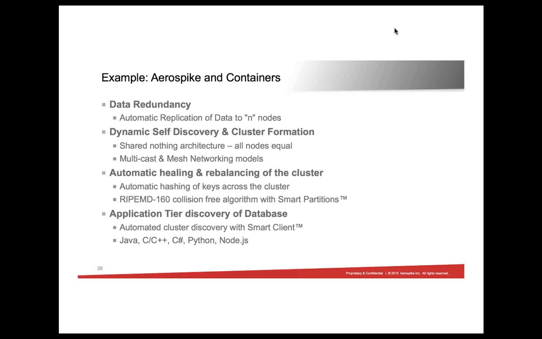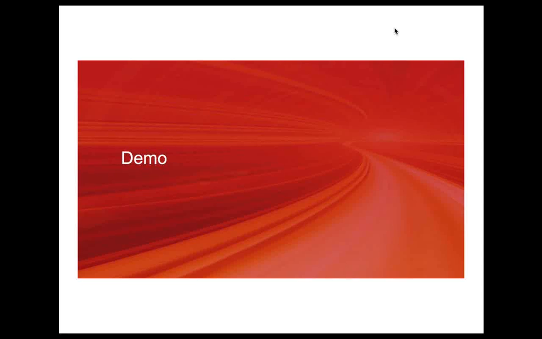So as the cluster changes, the application can rediscover that. That means you don't have to write any code, regardless of what size the cluster is or where it's deployed. As we talked about earlier, we're rebalancing, so we can automatically partition the data across the available nodes and ensure there are multiple copies. If you lose one of those copies, we'll ensure an additional copy is made to meet those requirements.